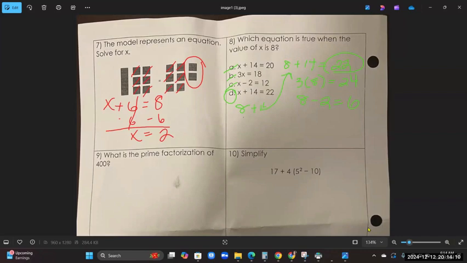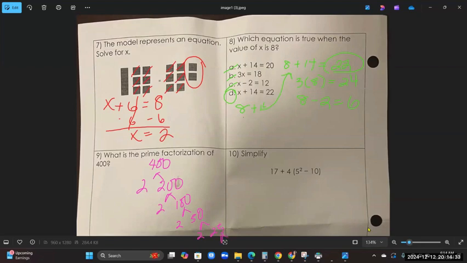What is the prime factorization of 400? 2 is the first prime number, and 2 times 200. 200 can be separated by 2, 100, 50.